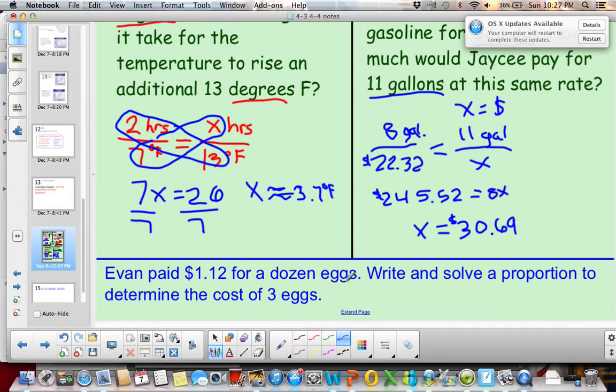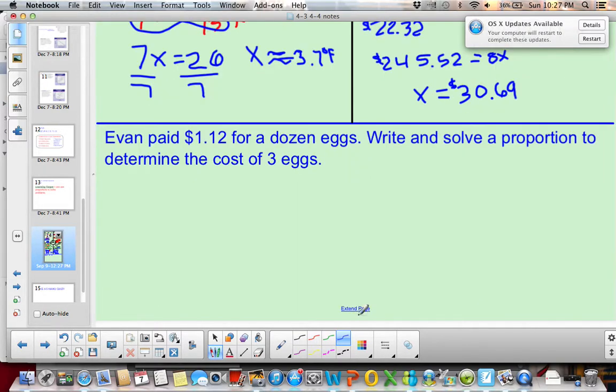I want you to try this problem on your own. Okay, Evan paid $1.12 for a dozen eggs. Write and solve a proportion to determine the cost of 3 eggs. So we have $1.12 over 12, because 12 is a dozen.